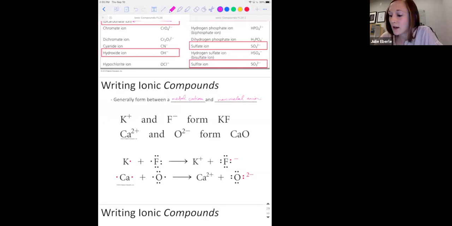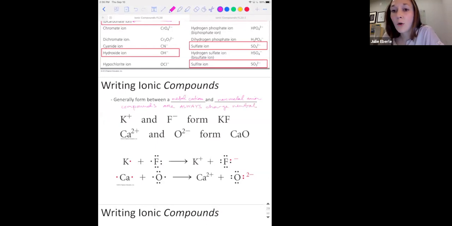Okay. The other thing you need to know about ionic compounds before we do that is that compounds are always charge neutral.